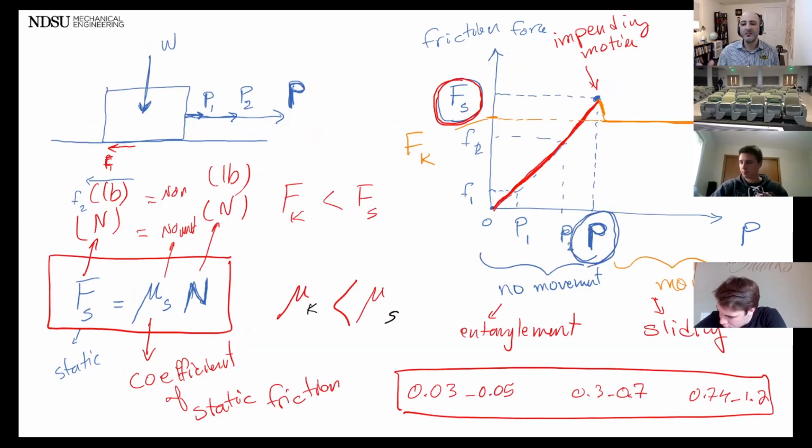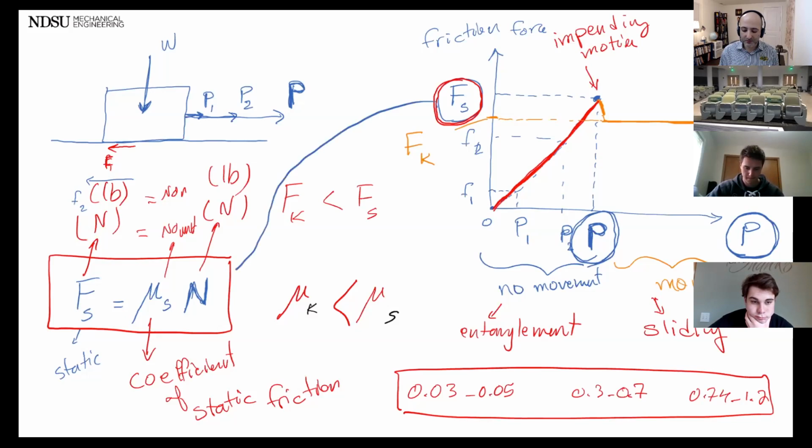If you understand this graph here, that we keep going up on the friction force until we reach a point where, if we increase our force P even a little bit, the block or whatever we're dealing with starts moving. That's what we call impending motion. It means it's ready to be moved. It's not moving yet, but it's ready to be moved. And that's where we can use this equation for exactly that point.